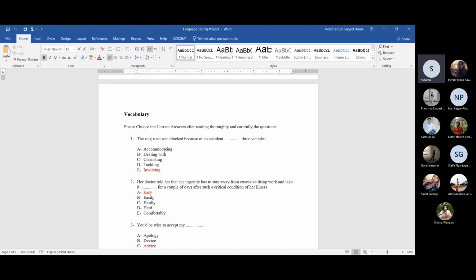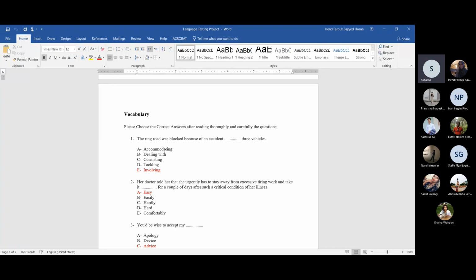The ring road was blocked because of an accident involving, accommodating, dealing with. Also, you'd better use not a dash but a dot after the option letter. Full stop is similar to dot.